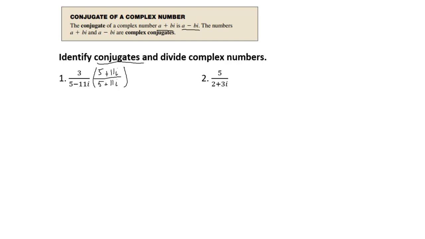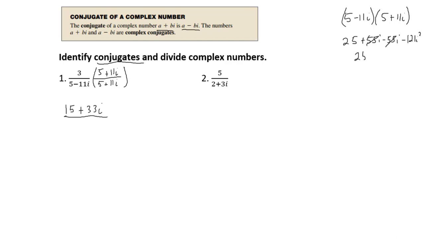Okay, and so when we multiply that out, we get 15 plus 33i on top. And then on bottom, we can do that math over on the side. 5 minus 11i, 5 plus 11i, so that's 25, plus 55i, minus 55i, minus 121i squared.